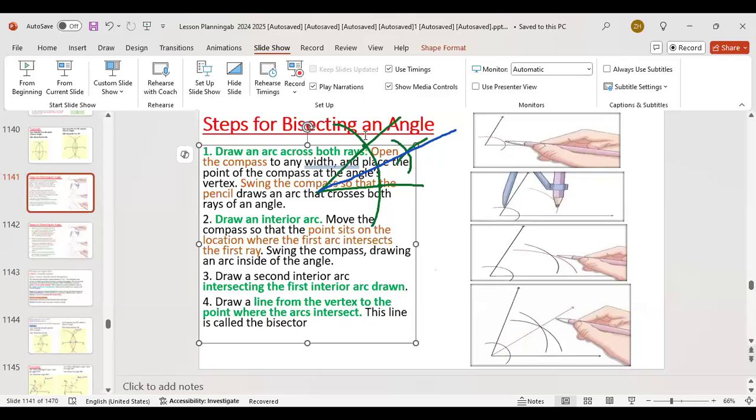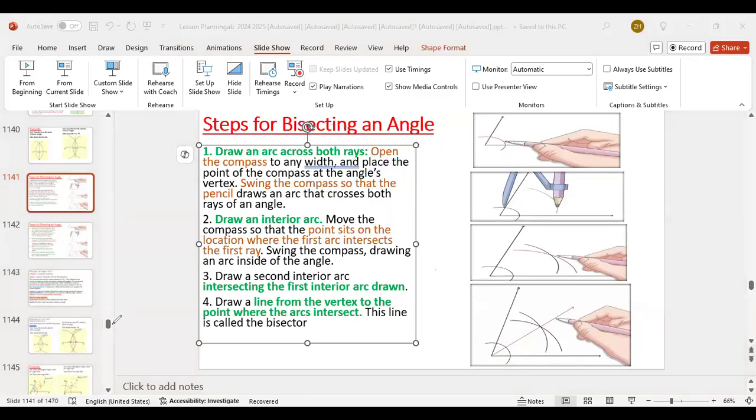So if I ask you to construct a 45-degree angle, you should be able to do that, right? All you need to do is construct a 90 and then bisect the 90.